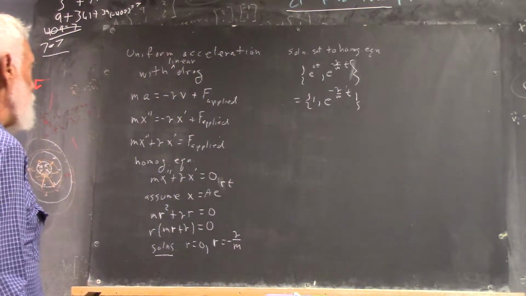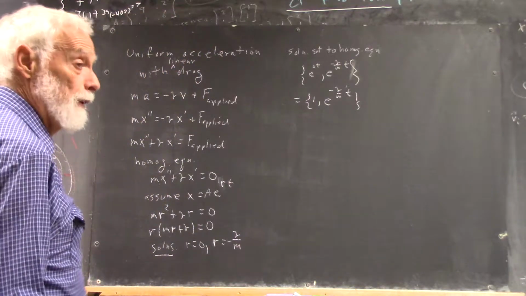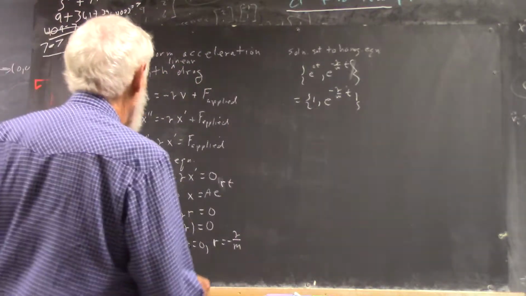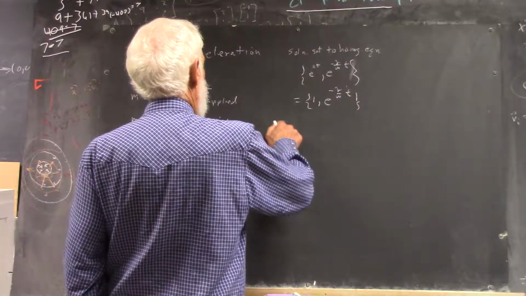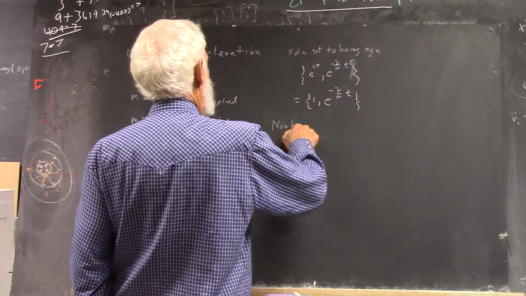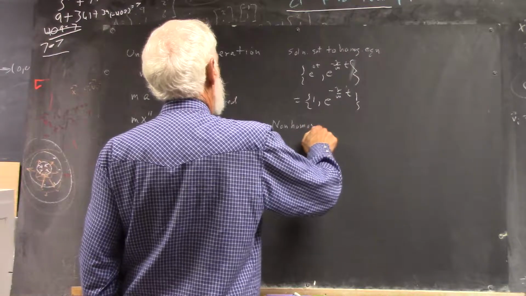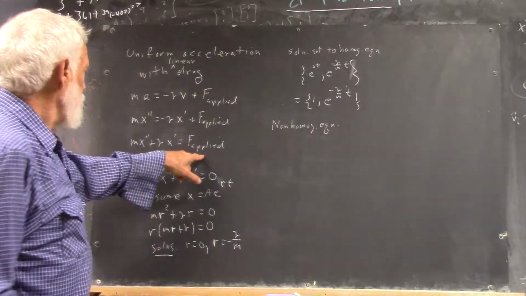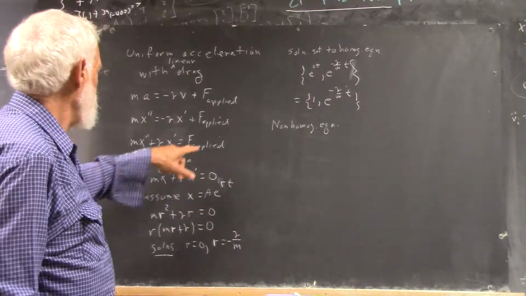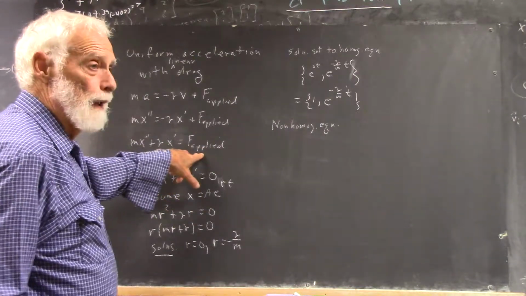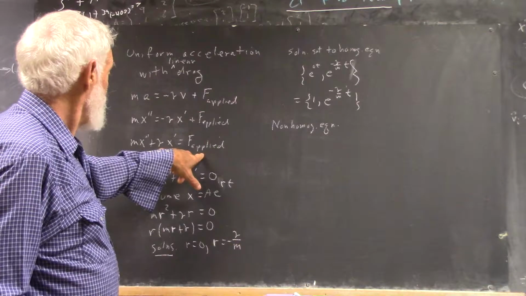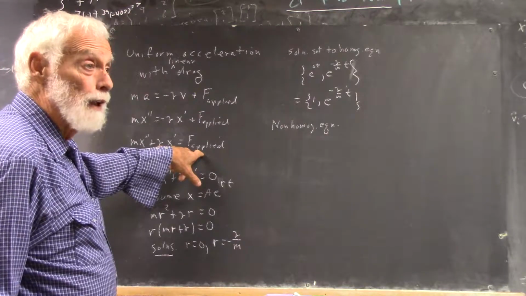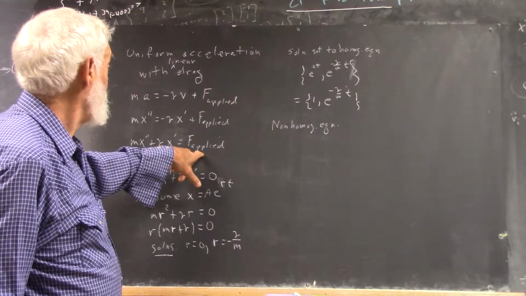Okay, so that's your solution set to the homogeneous equation. Then the non-homogeneous equation, how are you going to get F applied out of this? Well, F applied is constant.